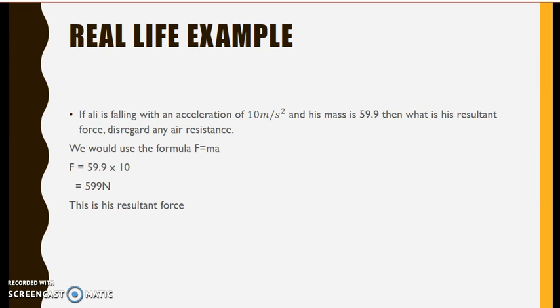So his mass, m, is 59.9 kg and his acceleration, a, is 10 meters a second squared. So we need to multiply 59.9 with 10 and we will get 599 newtons. This is his final resultant force. That's a lot of force.